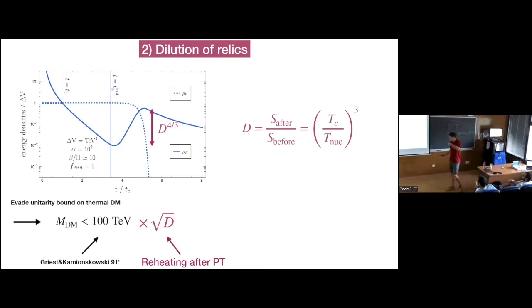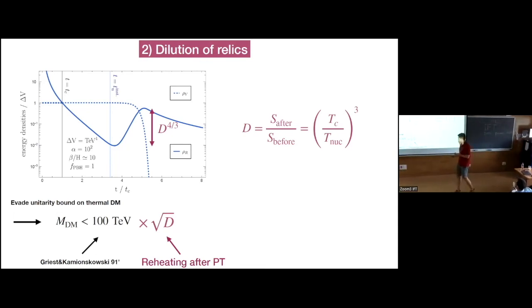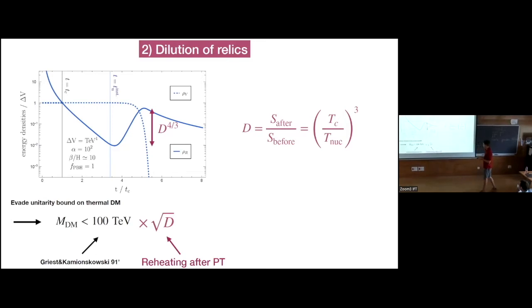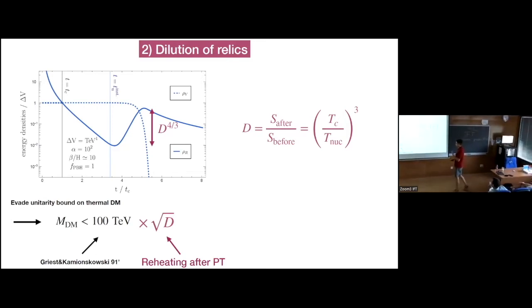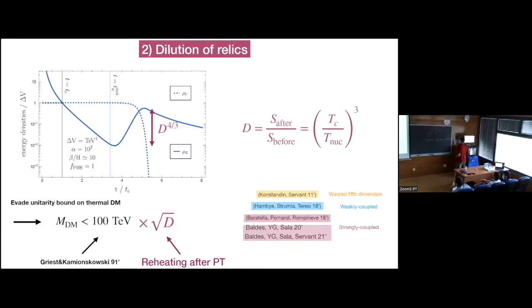They use unitarity to constrain the mass of thermal dark matter, which should be smaller than 100 TeV. But if you reheat this dark matter after it is produced using this kind of dynamics, then you can have larger dark matter mass. There has been a series of work on this.